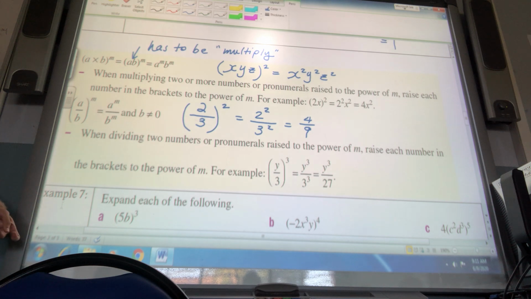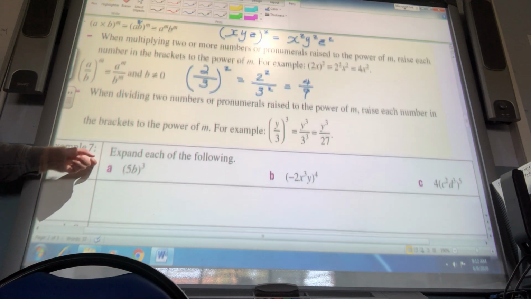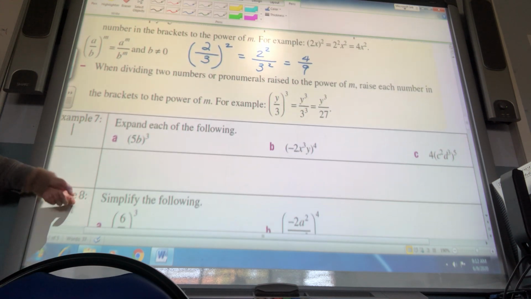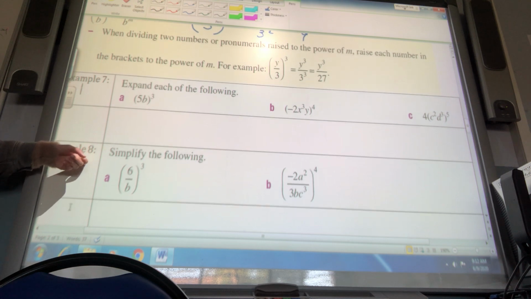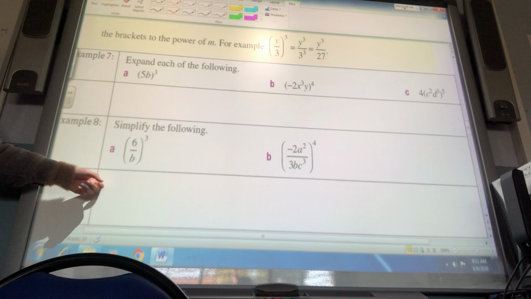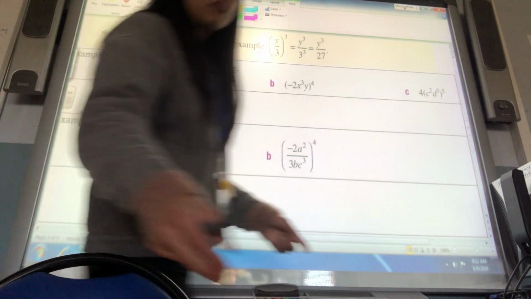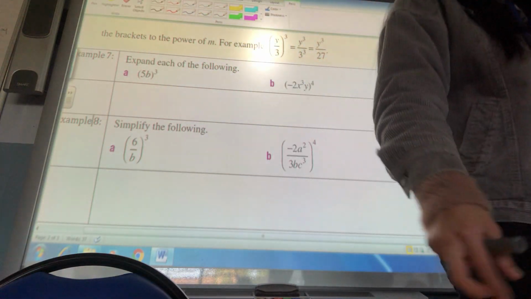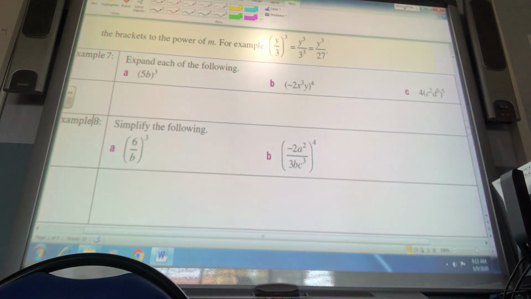So once you finish copying that, can you just do example 7 yourselves? Examples 7 and 8, you can do them together actually. One's division, one's multiplication, that's the only difference.